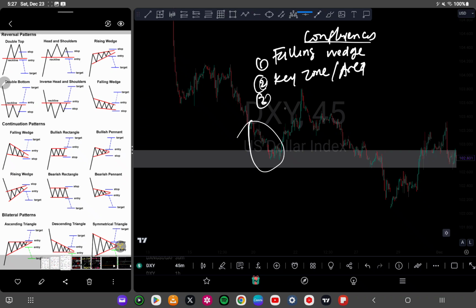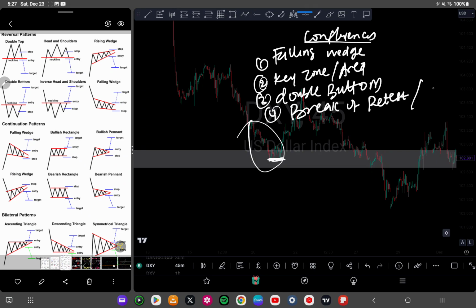Number three, it gives me the double bottom. Then four, I'm going to wait for a break and retest or breakout, because some people don't like break and retest. As long as they break out of the zone, some people take the trade, but I wait for a break and retest.